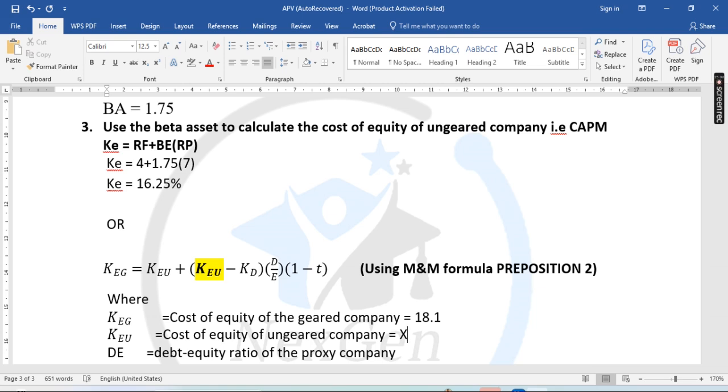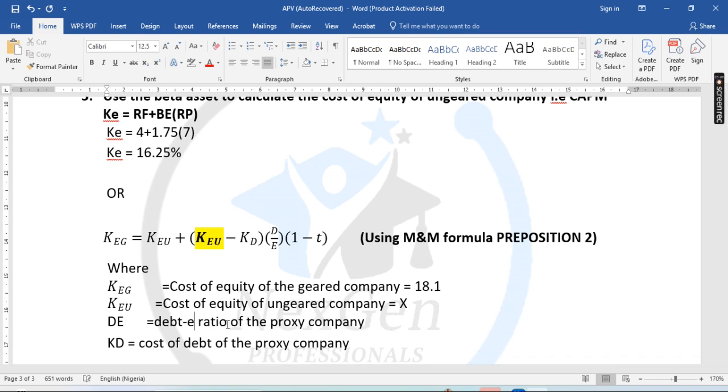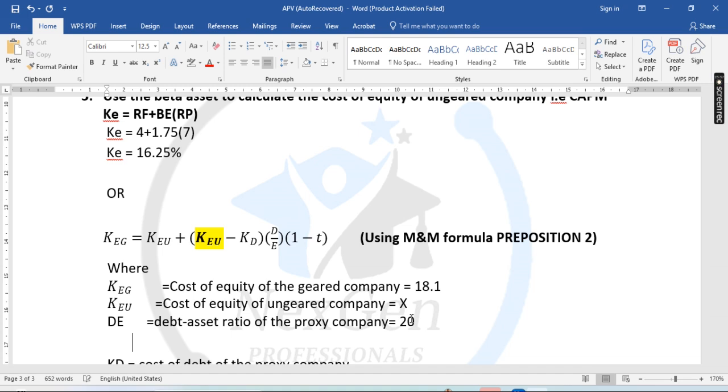It is not given. Now, what we're given is debt to assets, which is the debt to equity ratio, right? Don't forget, debt is 20.